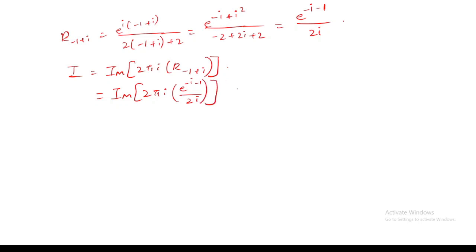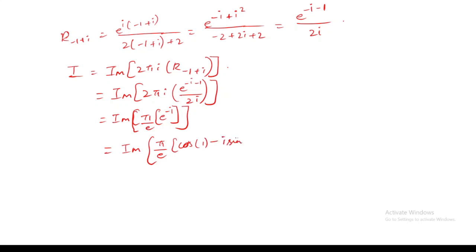On simplifying, 2i gets cancelled, so we get pi into e power minus i, and e power minus 1 I am taking to the denominator. Further, pi by e into e power minus i, which I write as cos theta minus i sine theta, so cos 1 minus i sine 1.